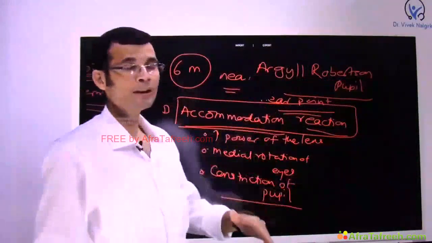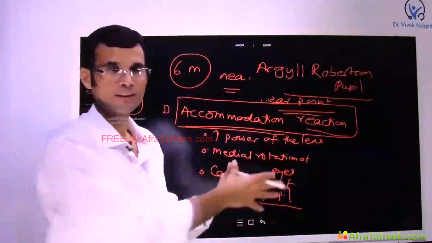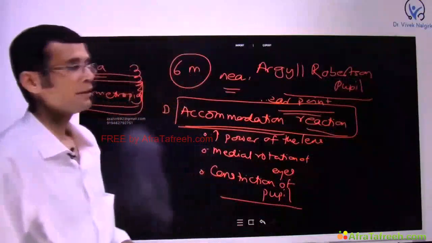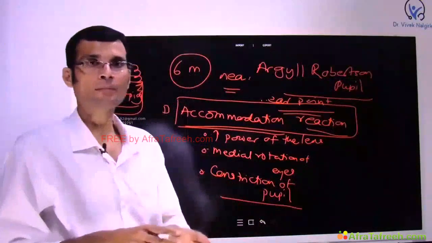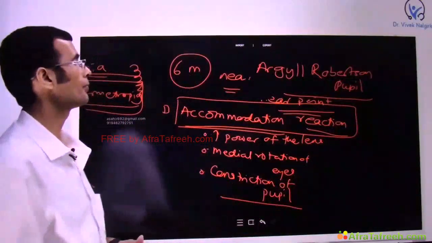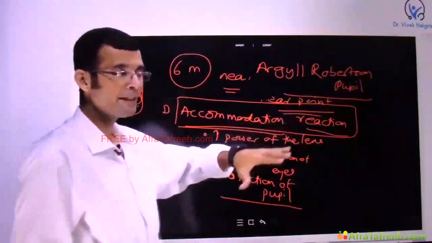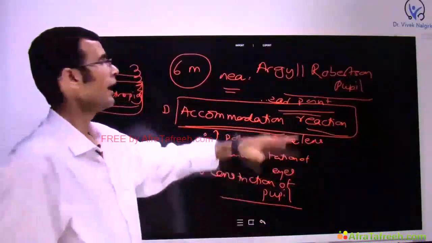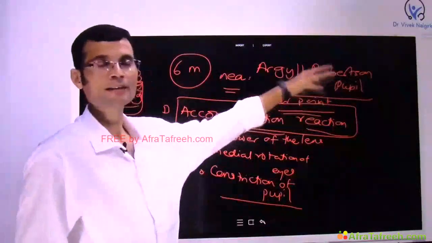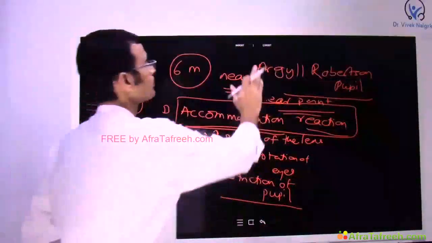Now, pupillary light reflex, as we will see a little later, requires the tectum and pretectal nuclei. So possibly the lesion is in the pretectal nuclei, and therefore pupillary light reflex is absent in such a pupil.